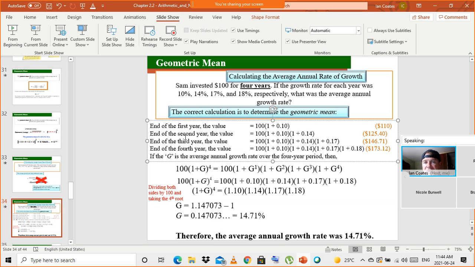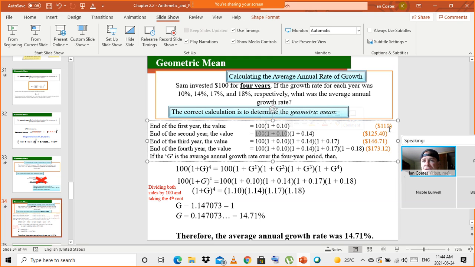At the end of the second year, that's there from the first year, and this right here is for year 2. So it's 14% interest on $110. You see how this thing is starting to inflate?